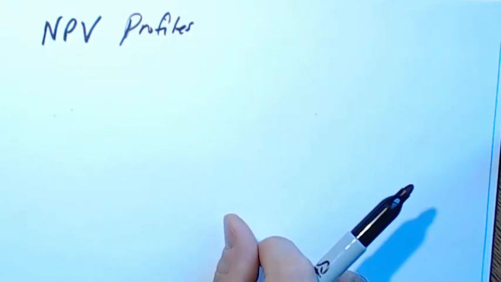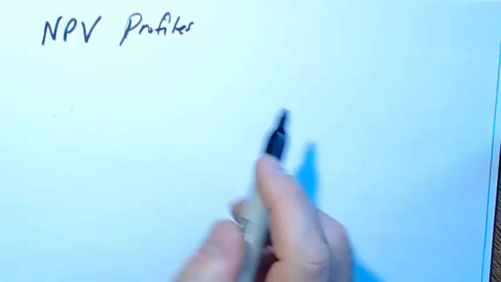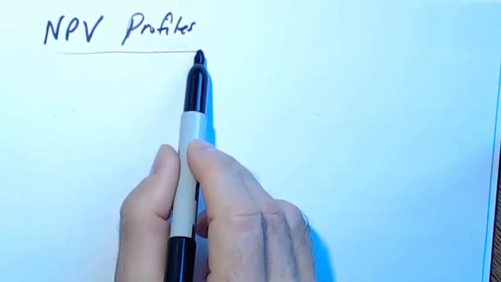That's going to do some comparisons. So what we want to do is look at these net present value profiles, because those will help us better understand and be able to compare and contrast net present value and internal rate of return.